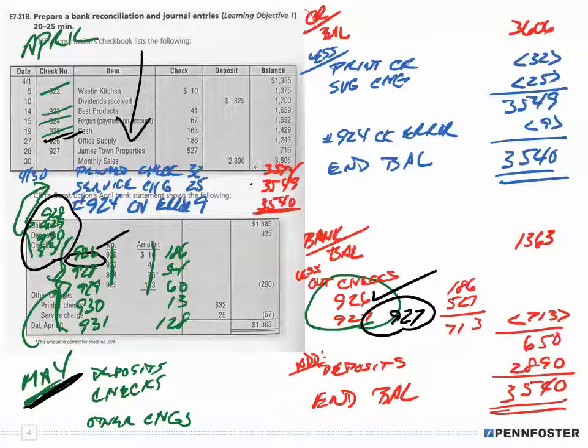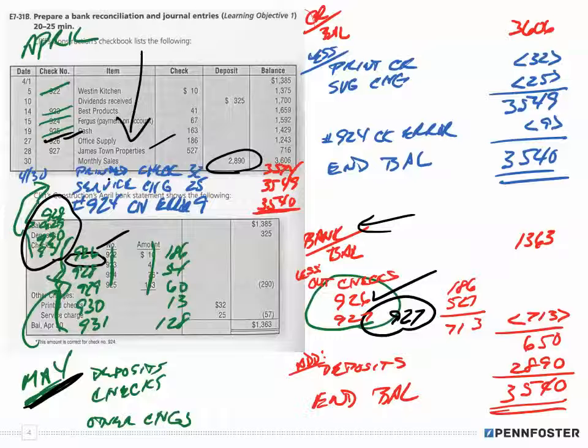So if you have a deposit, like let's say this $28.90 didn't hit the bank for some reason, maybe you gave it to somebody and they ran away with it. They stole it. Well, it didn't hit the bank, and that's still outstanding, so you would have to include it. Or maybe this Jamestown Properties check, you mailed it to them, and maybe they lost it.